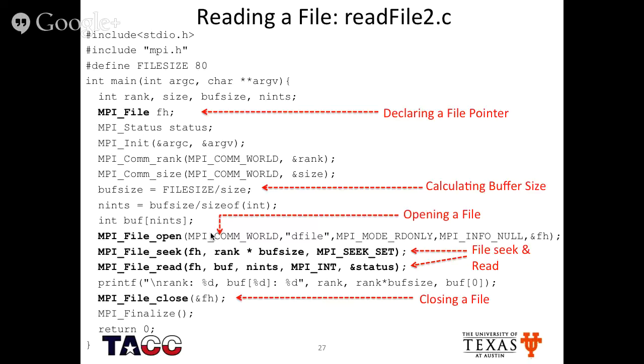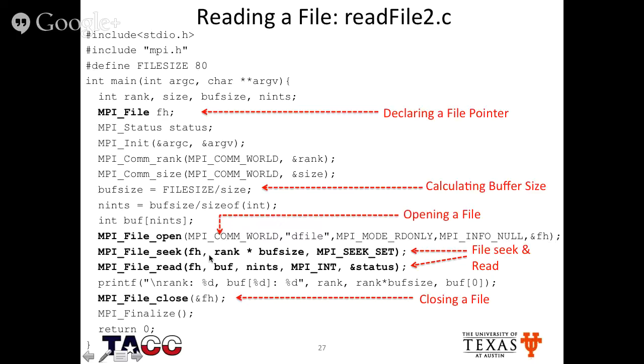Then I pass the mode in which I want to open the file, that's MPI_MODE_RDONLY. Then I have MPI_Info. I'm using MPI_INFO_NULL. You can set it to different things, and we will talk about that maybe 7 to 8 slides later. And we pass the file pointer, the handle to the file we opened, with &fh.